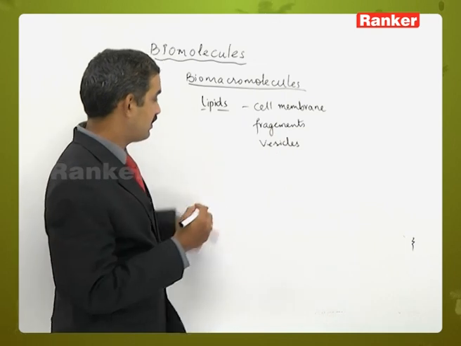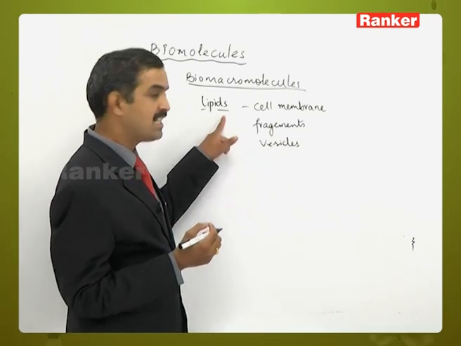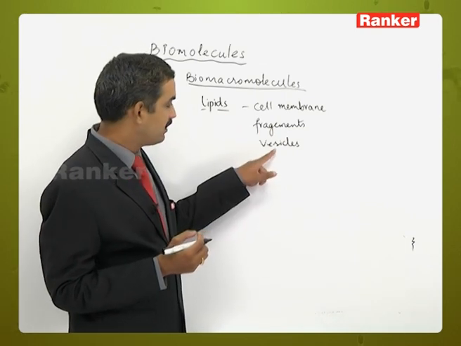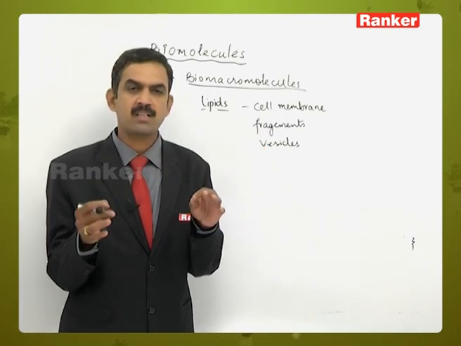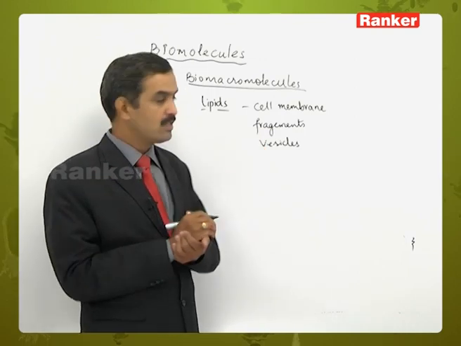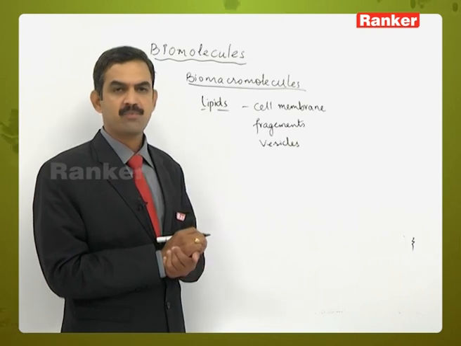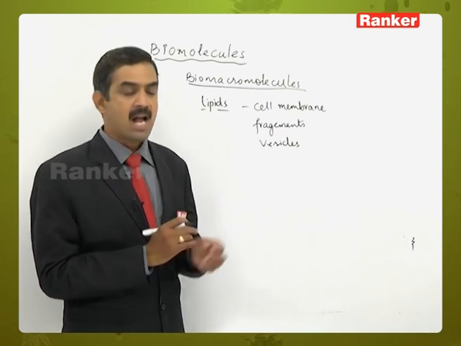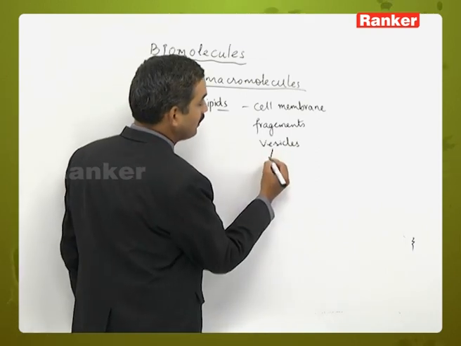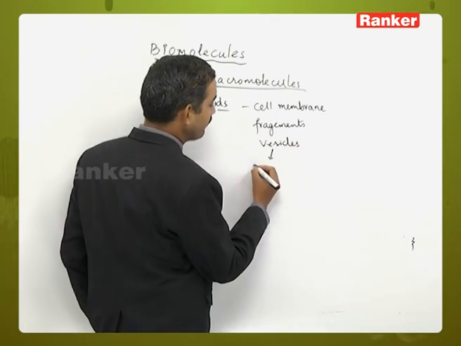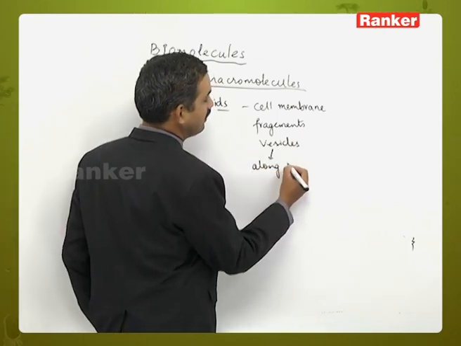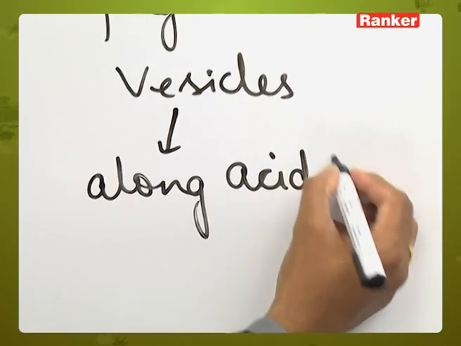These vesicles which have the lipids are not separated as individual structures, but in combination with some others, so they are separated as fragments called vesicles, and these vesicles are separated along with the acid insoluble fraction.